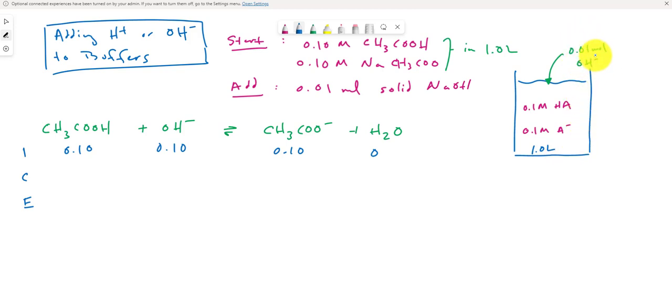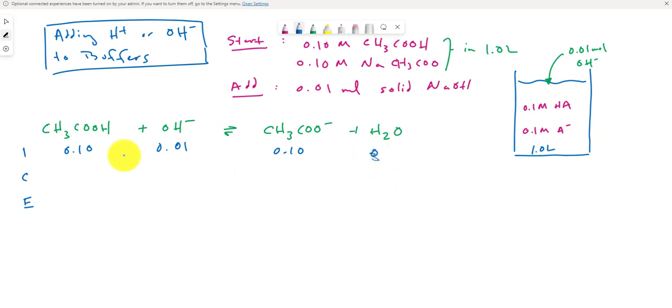Because we add it to the system, we know a reaction is going to occur, but the initial condition is the moment just before that reaction starts. So that's time 0. And that's why I include both the HA, the acetic acid, at 0.1, but also hydroxide at, this should be 0.01. We also then have 0.1 of the acetate, and water is not 0, but it's negligible. It doesn't matter in this case.